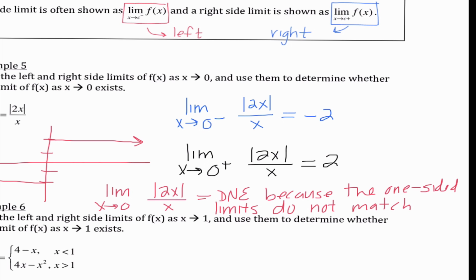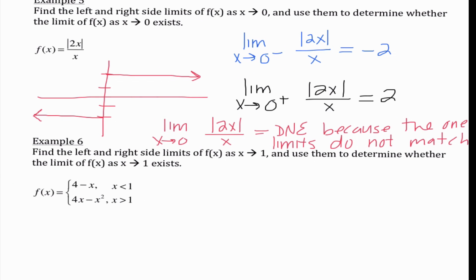In order to get full credit for a problem like this, I would need to see this work. You can't just show me this and then jump to here. I actually need to see what you think both of those limits are.